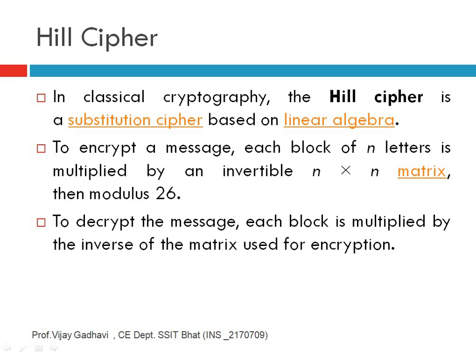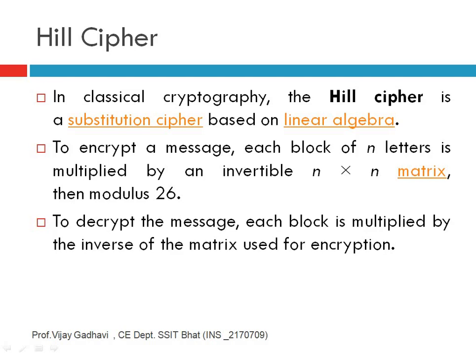Encryption and decryption can be given by the formulas: encryption C equals PK mod 26 and decryption P equals CK^-1 mod 26. Now in classical cryptography, the Hill cipher is a substitution cipher based on linear algebra.